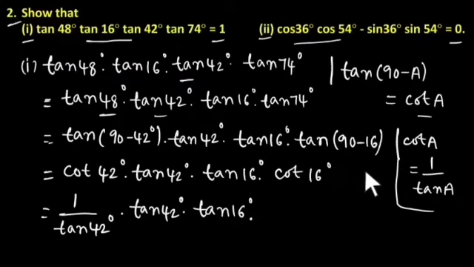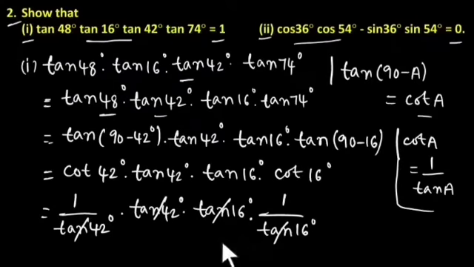Same formula, cot A equals to 1 by tan A. So cot 16 becomes 1 by tan 16. Now look here, tan 42 in the numerator, tan 42 in the denominator gets cancelled. And here tan 16 in the numerator, tan 16 in the denominator gets cancelled. So what are we getting? So 1 into 1 into 1 into 1. So we get 1.